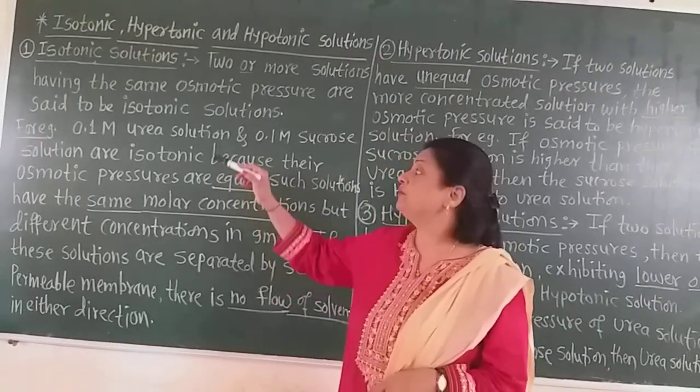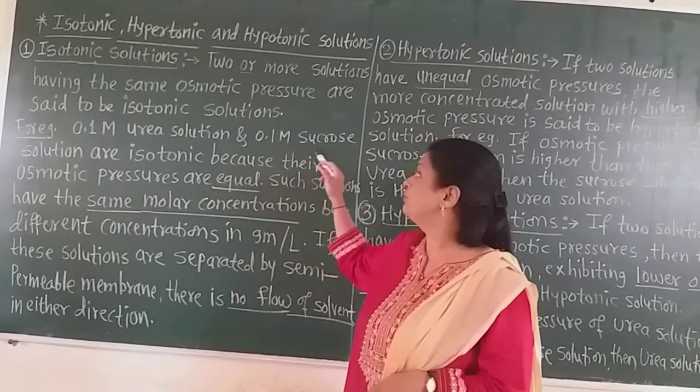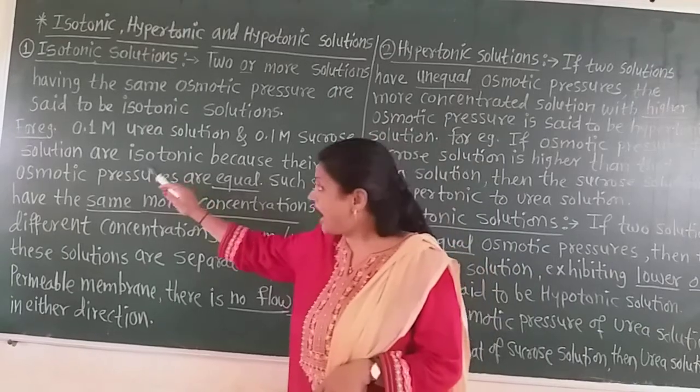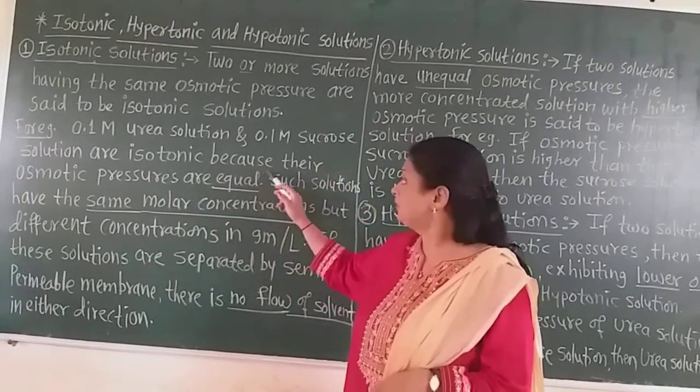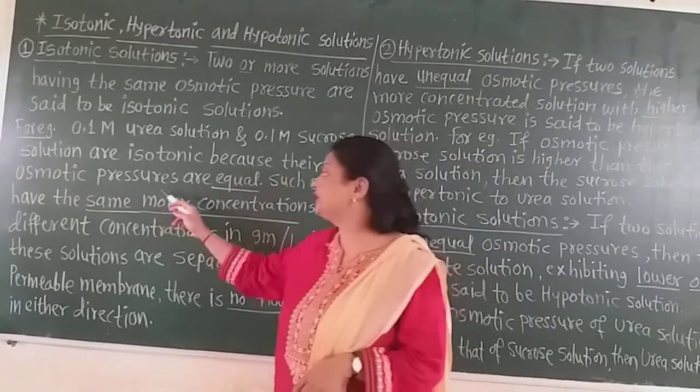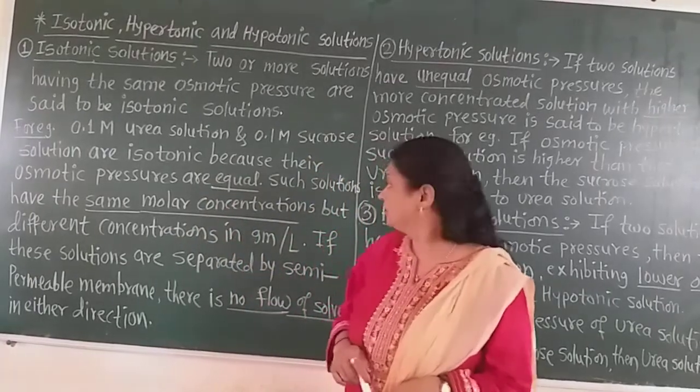So 0.1 molar urea solution and 0.1 molar sucrose solution are isotonic because their osmotic pressures are equal.